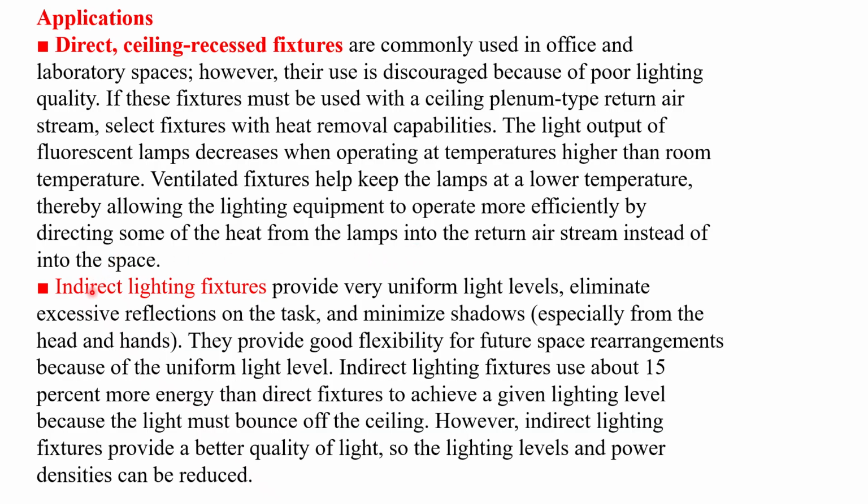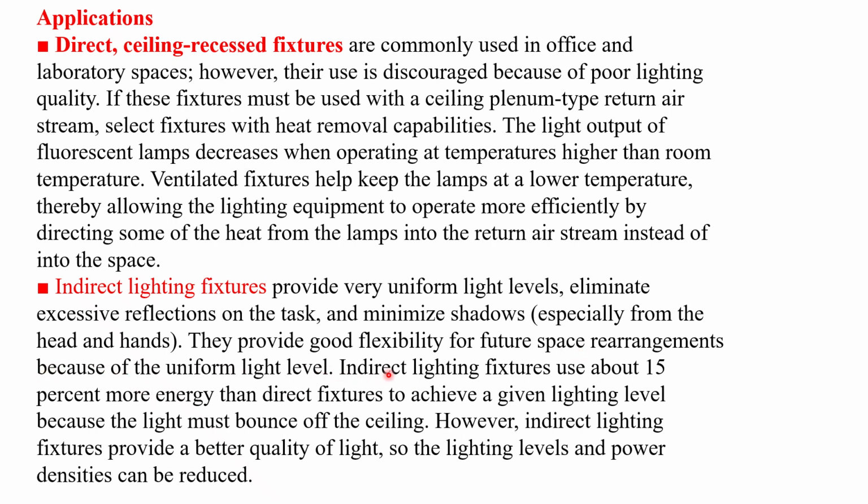Indirect lighting fixtures provide very uniform light levels, eliminate excessive reflections on the task, and minimize shadows, especially from head and hands. These provide good flexibility for future space arrangement because of the uniform light level.